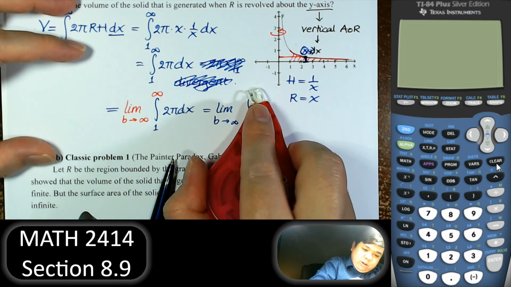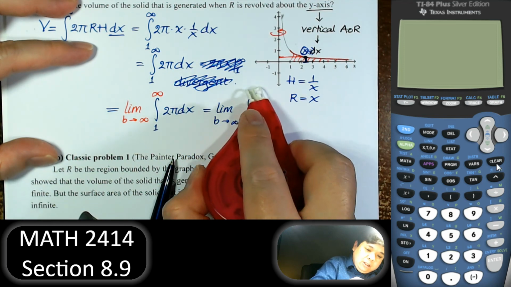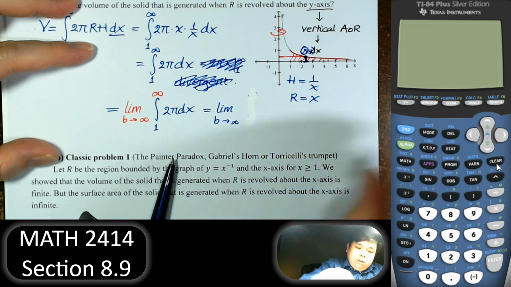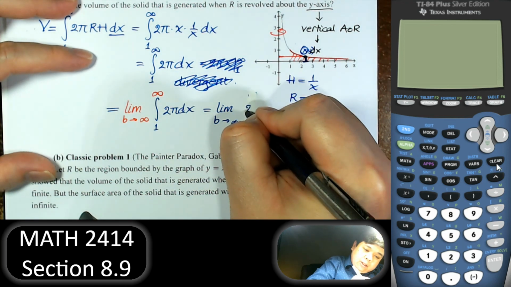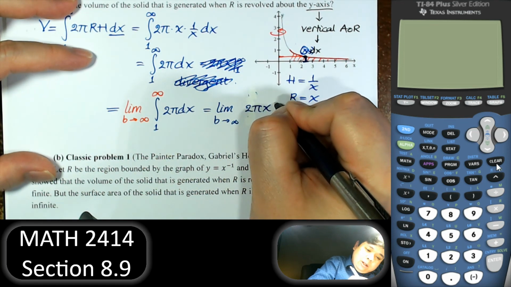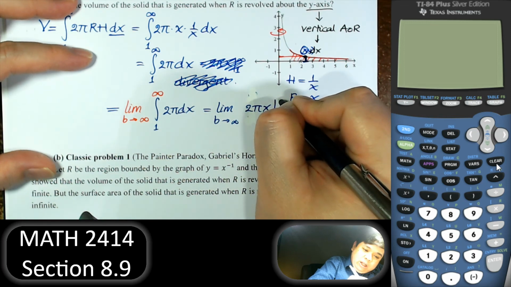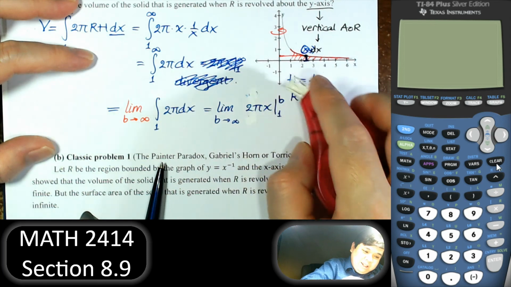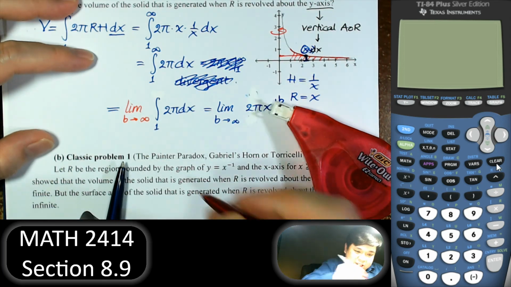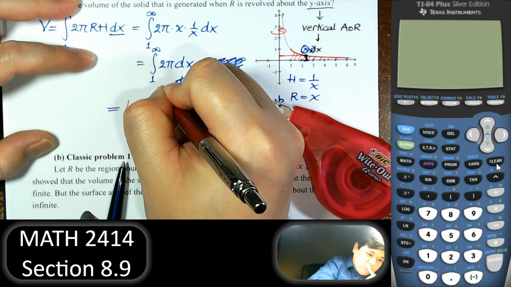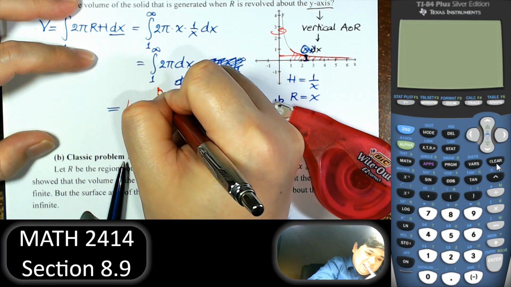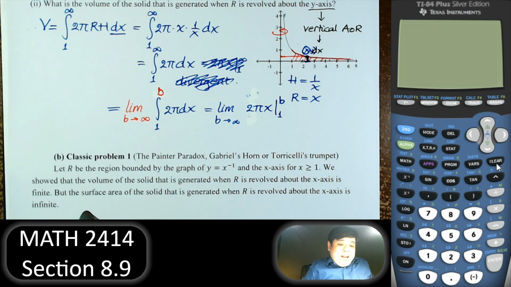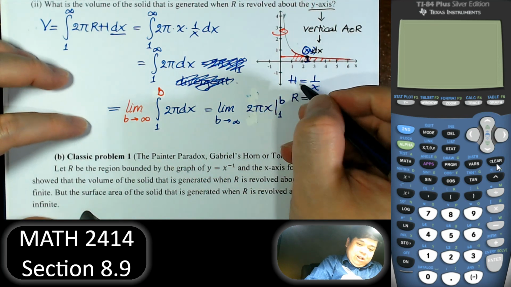Let's evaluate the integral here. 2 pi x goes from 1 to b. Never mind, it should be that. Now put in infinity.